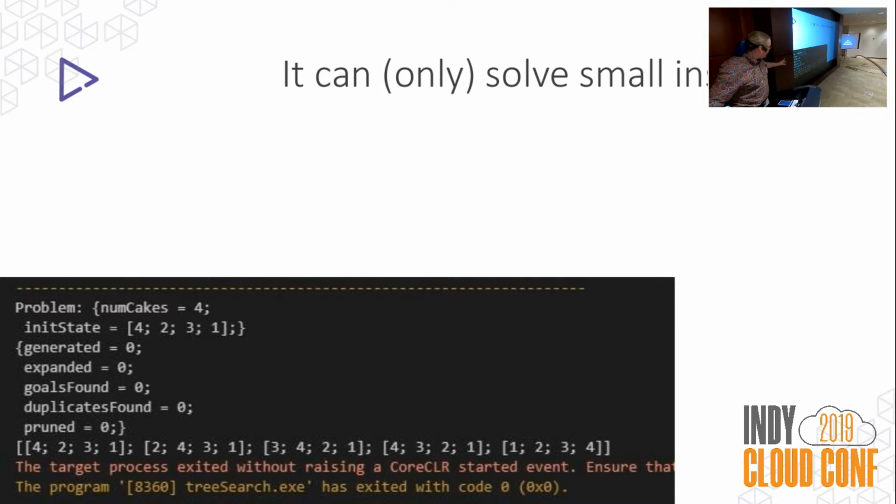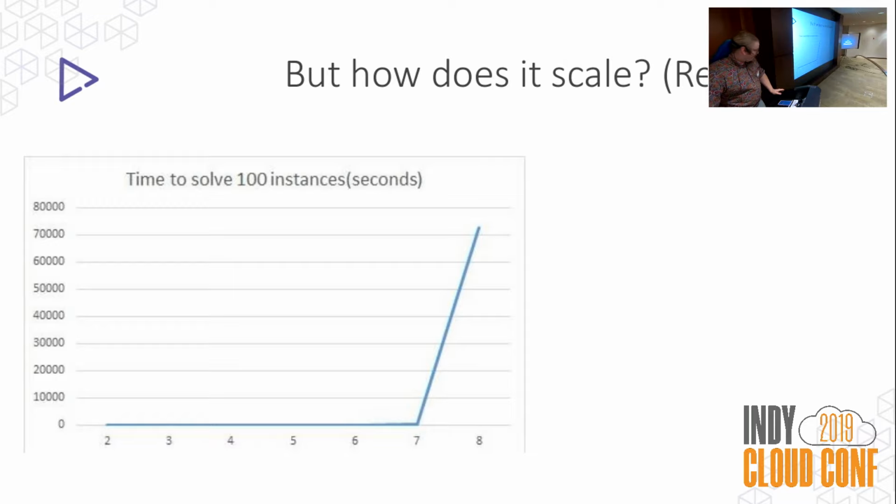So we can actually solve an NP-hard problem using depth-first search in the way that we just described, implemented in Python. However, it doesn't scale. So this is a plot of solving time for 100 consecutive instances of the pancake problem generated randomly. For very small stack sizes, like 2, 3, 4, we take next to no time to solve the problem.